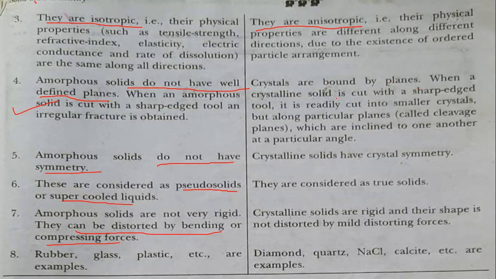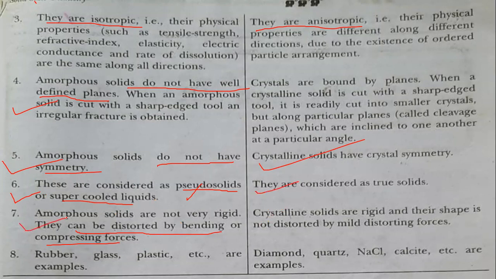When a crystalline solid is cut with a sharp edge tool, it is readily cut into smaller crystals. Amorphous solids do not have symmetry, while crystalline solids have symmetry. Amorphous solids are considered supercooled liquids or pseudo-solids, but crystalline solids are considered to be true solids.